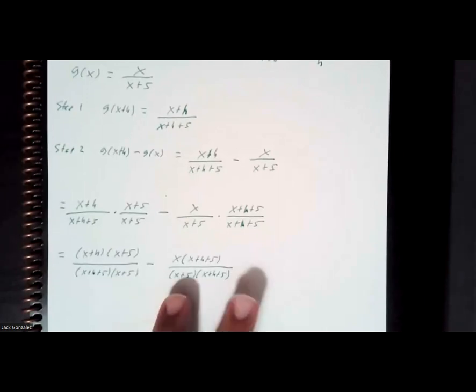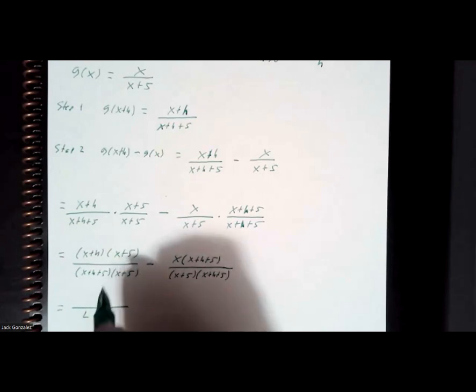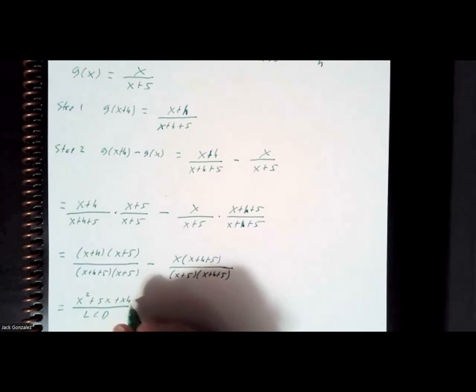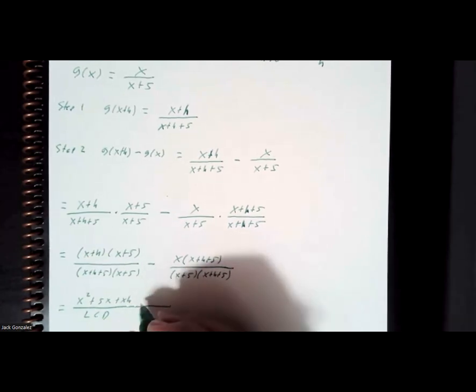At this point, you're cool if I write LCD for this. Don't have to keep writing that. That makes sense? Okay, so multiply this garbage on the top and you'll get x squared plus 5x plus xh plus 5h minus this garbage.